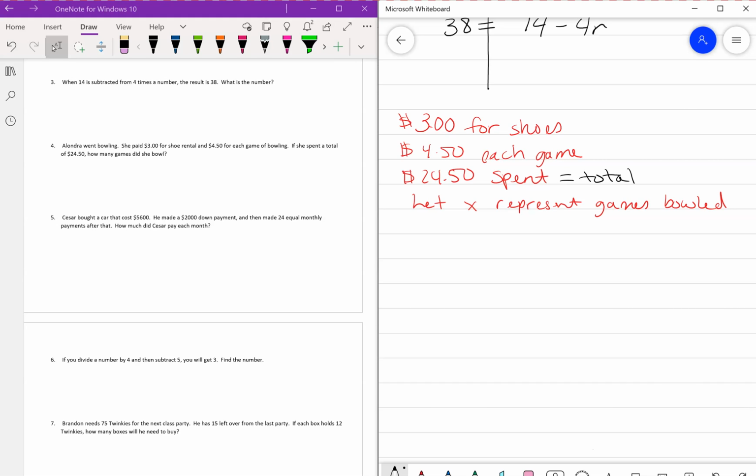So we're going to say $24.50 equals, and we check to see which number up here is associated with X. So here's games, so those are going to go together. So we're going to do $3 plus $4.50 X. So draw your line and solve for X so you know how many games.